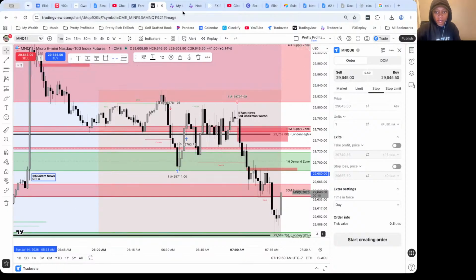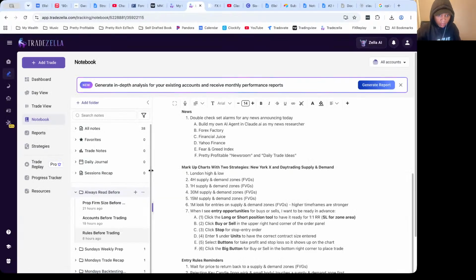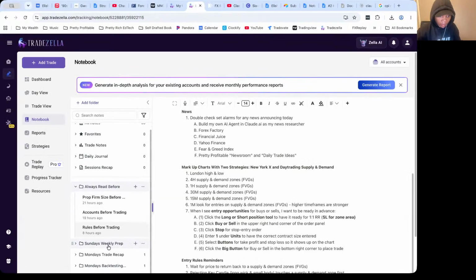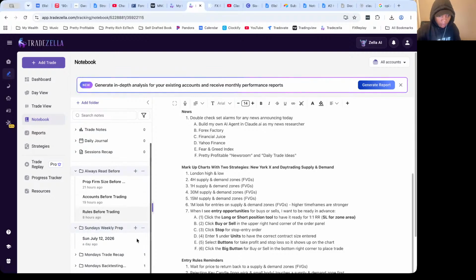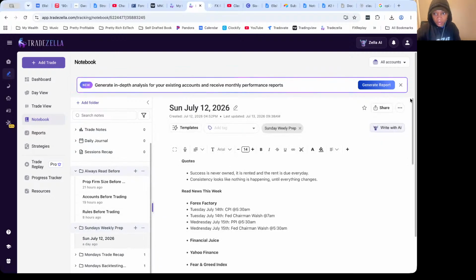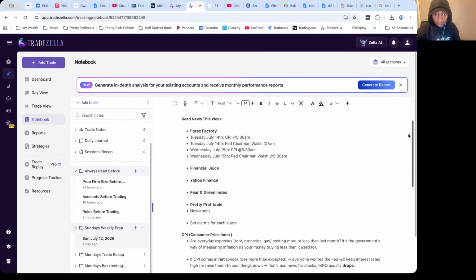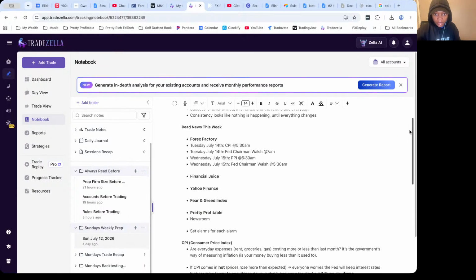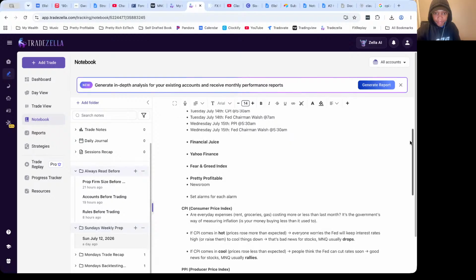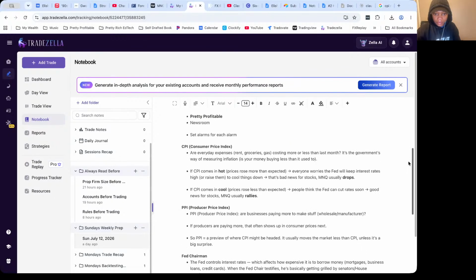So now I'm going to go to my notebook while I'm in here. I have a notebook where I write down what I have to learn about. See, I have my dates in there. Alright, so CPI.